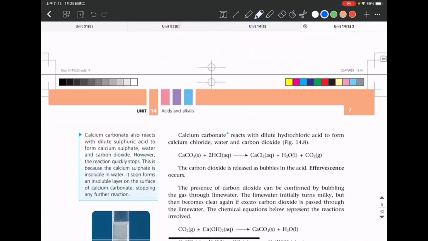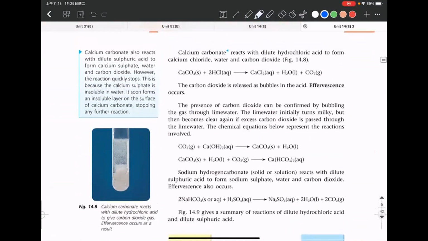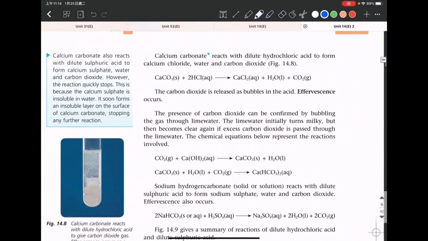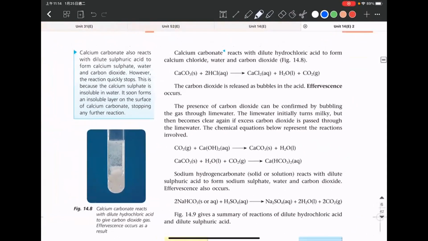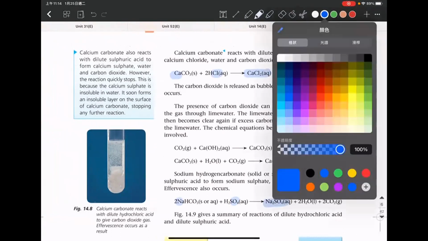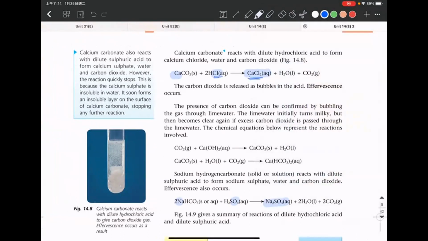Now, just like in the video, you may find two examples which will help. The first one is the formation of calcium chloride. The salt is from calcium carbonate reacting with hydrochloric acid. Can you see that? Similarly, sodium sulfate can be formed as sodium hydrogen carbonate reacts with sulfuric acid. So underline just like last time.